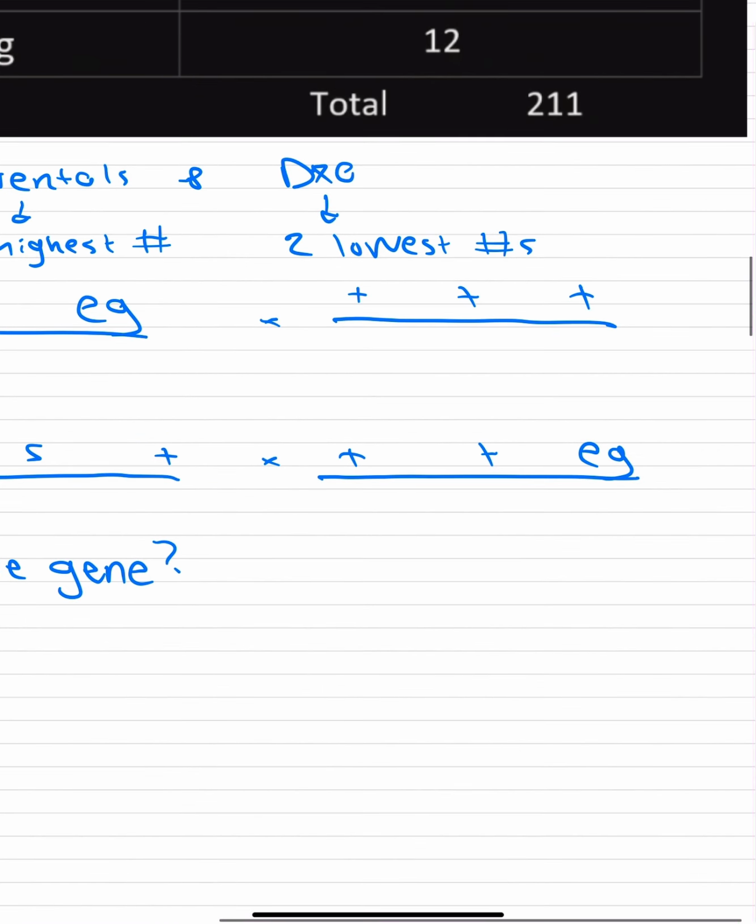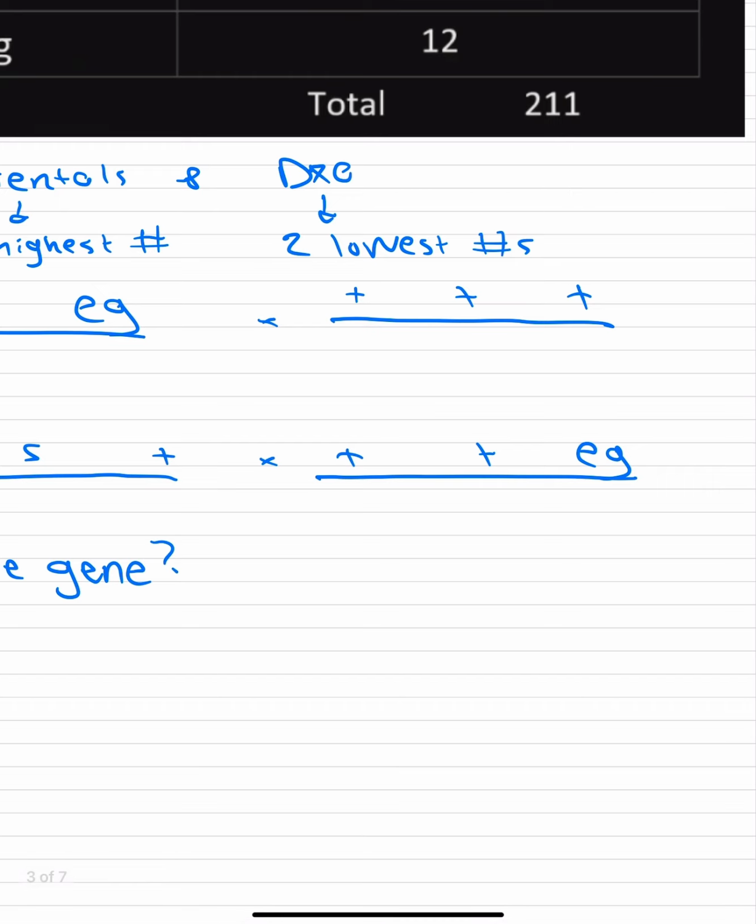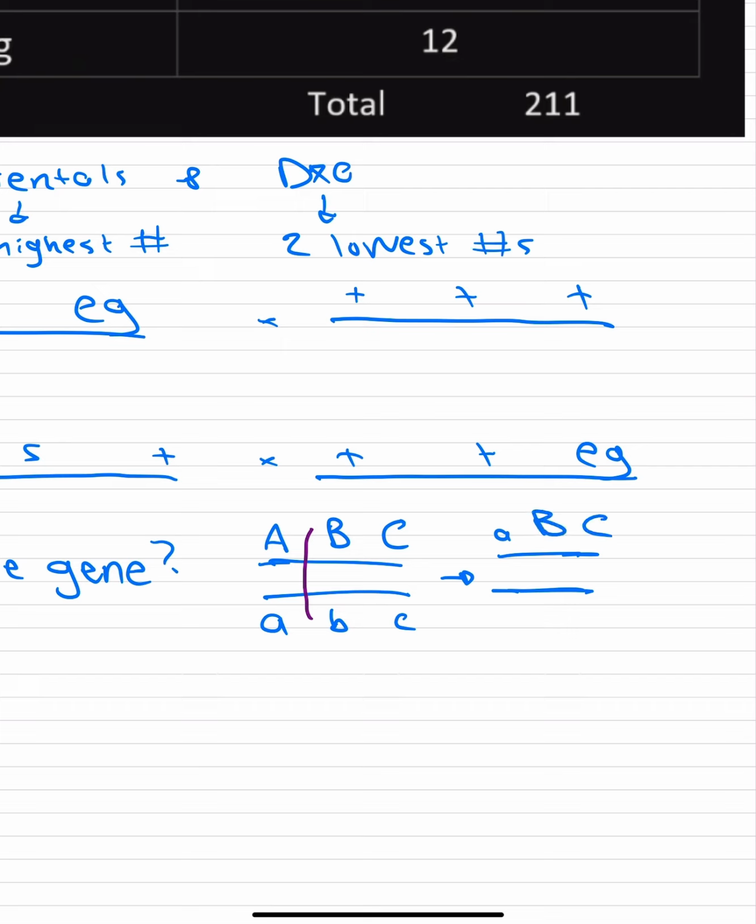Here's just a small example. If we were to have an individual who had 2 chromosomes, one of them having all dominant genes, A B C, and the other having all recessive, A, little b, little c. If you were to have a crossover occurring here between genes A and A, that would result in us having the chromosomes being little a, big B, big C, big A, little b, little c.